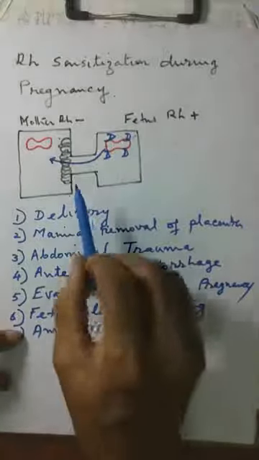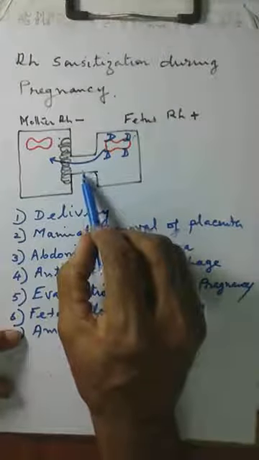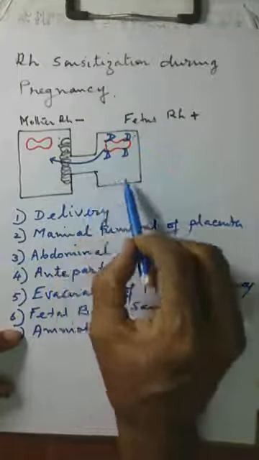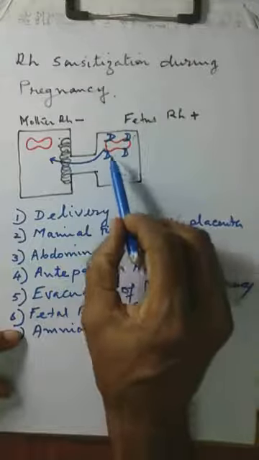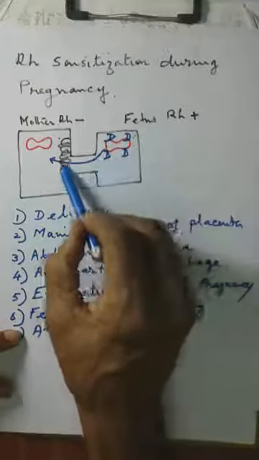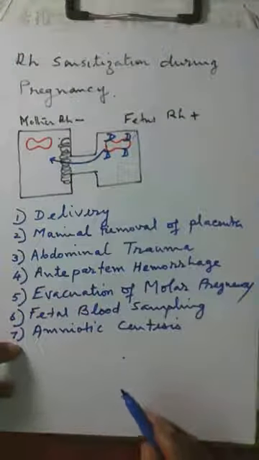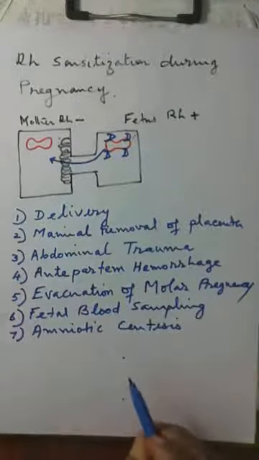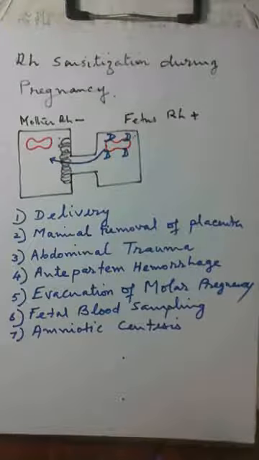Fetal blood sampling, that is blood taken from the umbilical cord, also may transfer some RBC to this area. This sampling is to find out any abnormality in the fetus.